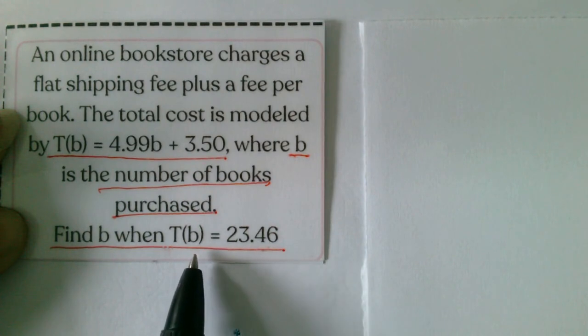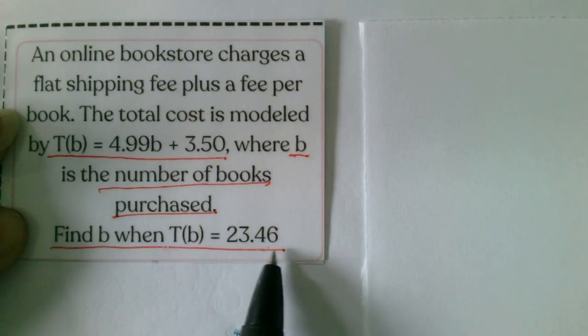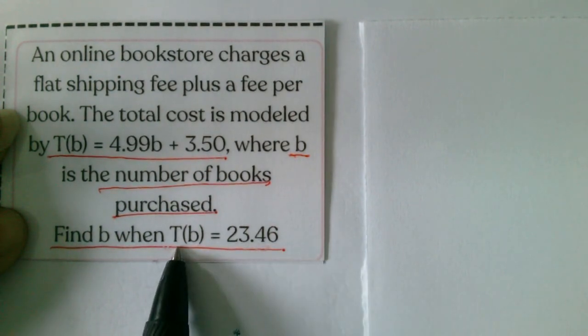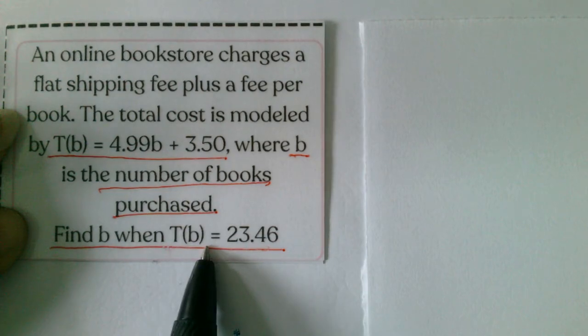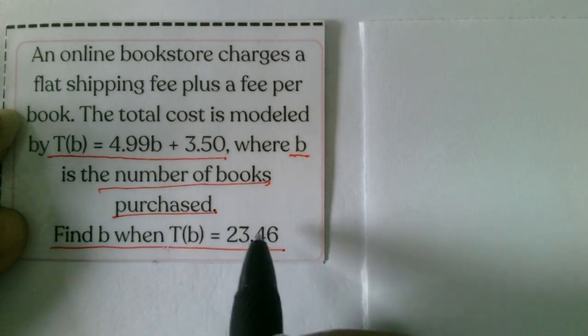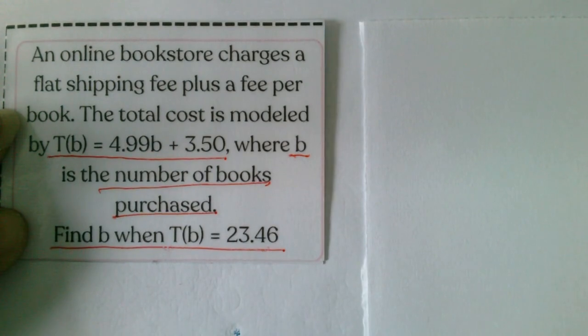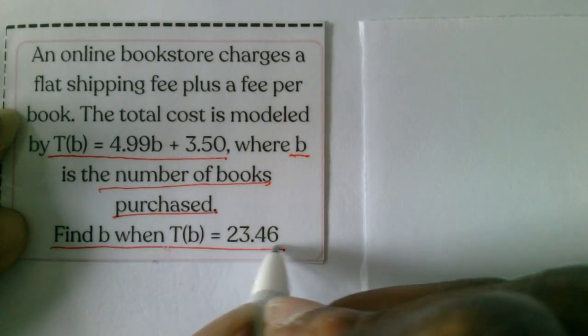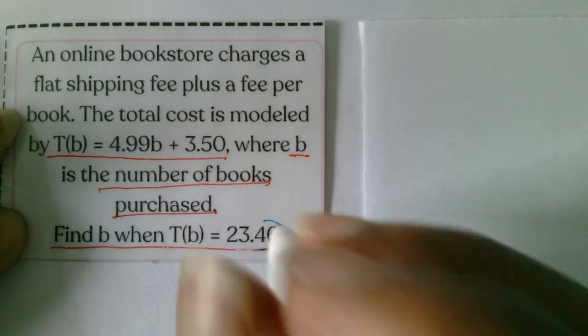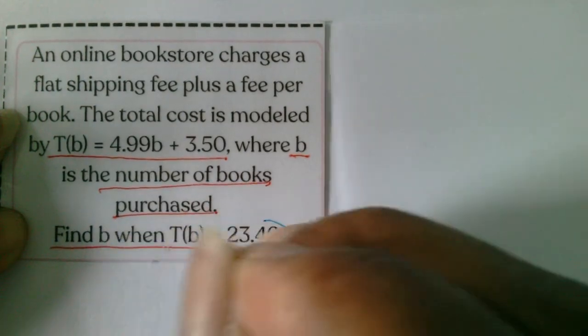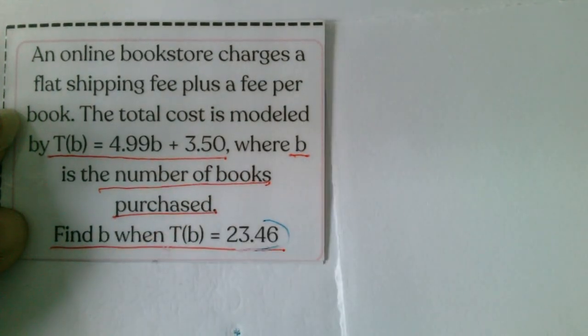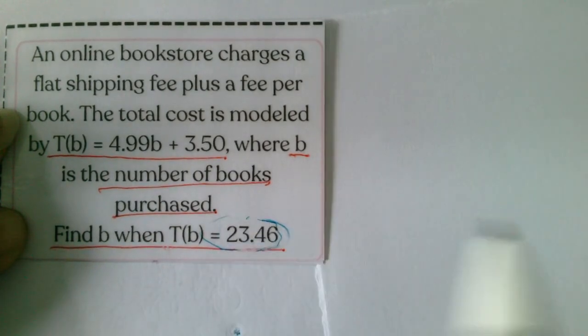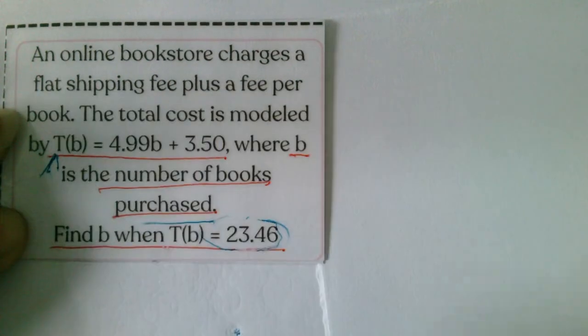So take a look. This time they switched it up. They're telling me what TB equals. So that means they're taking this 23.46, and we're replacing it with the TB.